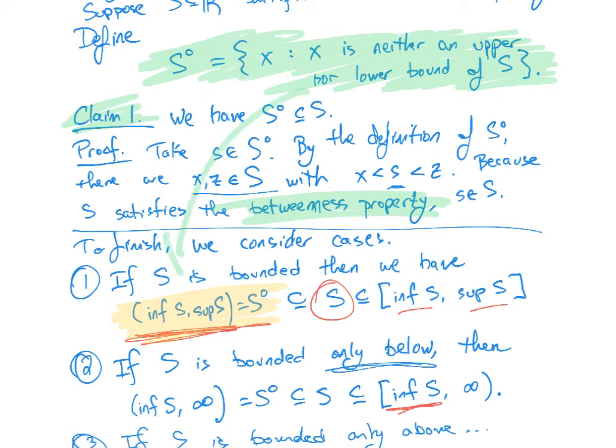It's like it's getting everything inside. So I'm saying anything between infimum and supremum is not an upper or a lower bound of S. So it is in S° by the definition of S°. Okay, I see now. And then the claim says S° is a subset of S. And then just the definition of infimum and supremum mean S has to be contained in the closed interval from infimum to supremum.